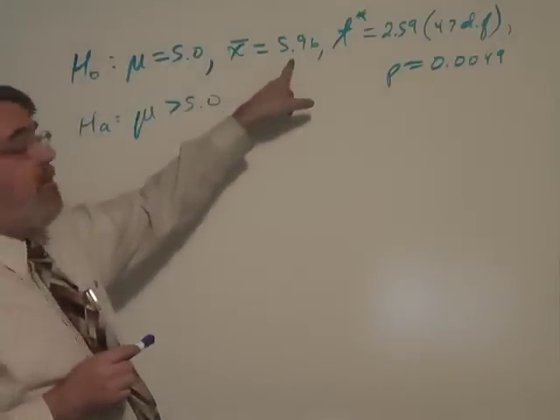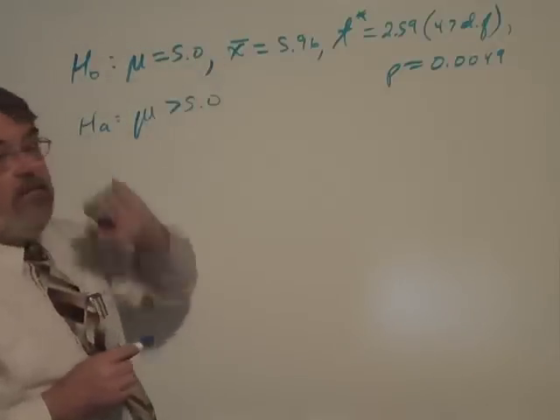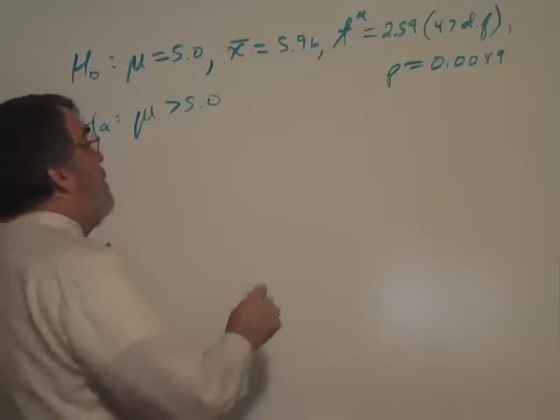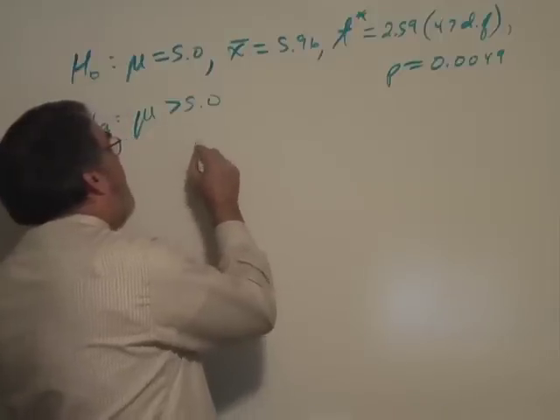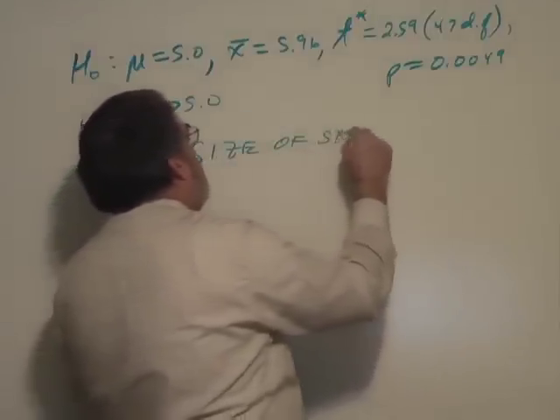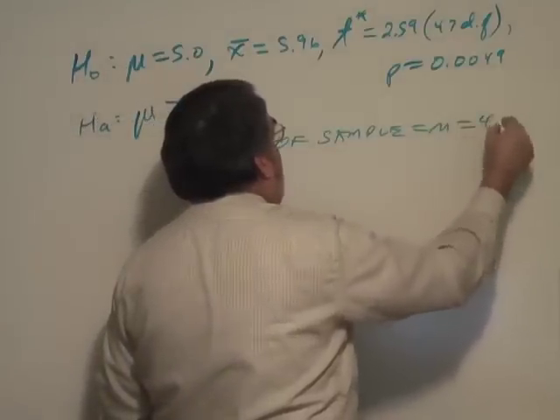Well, here we took a sample and got a mean of 5.96, which was higher than 5.0. And what was the size of the sample? From the degrees of freedom, the sample size N is 48.